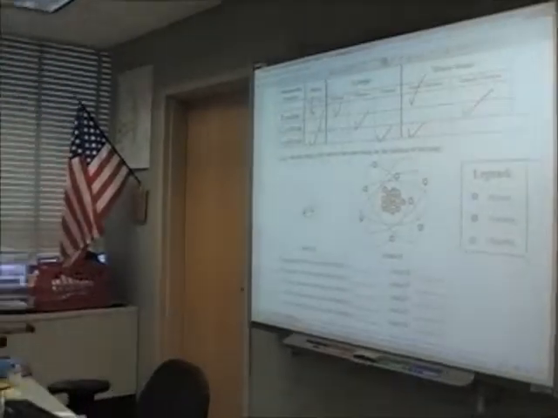Protons and neutrons. How many neutrons are here? And if you look at your periodic table, the atomic mass for hydrogen is like 1.00001. How many protons does it have? What element has only one proton?